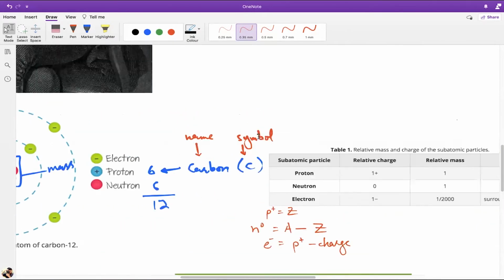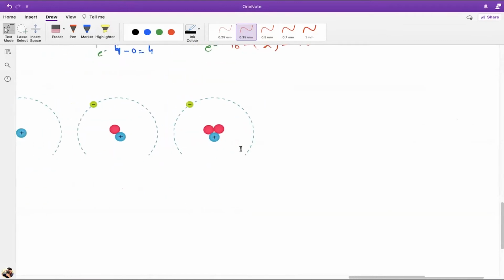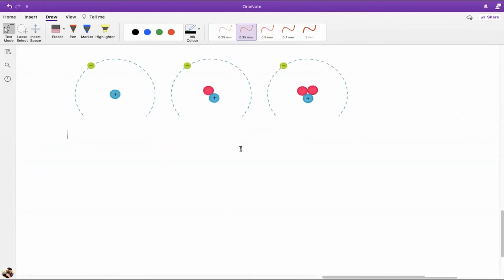Red is neutron, proton is blue, and electron is negative green. Let's see how many protons and electrons these have. Similarities: 1 proton, 1 electron, 1 proton, 1 electron, 1 proton, 1 electron. These are the similarities in these things.